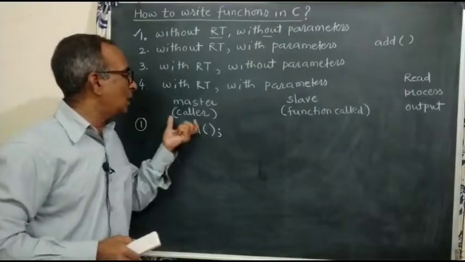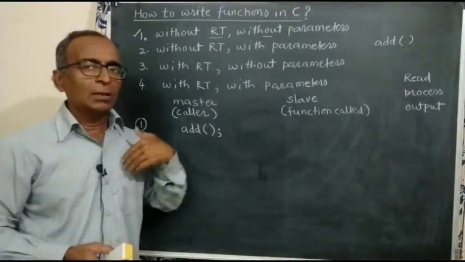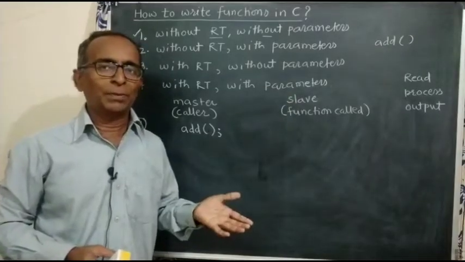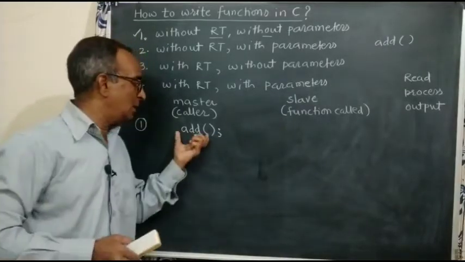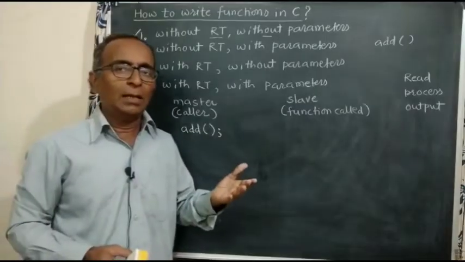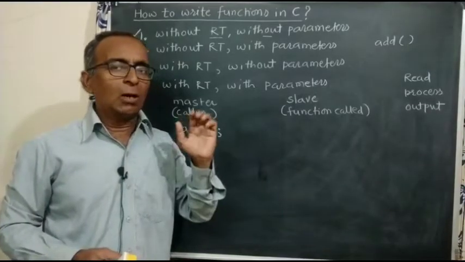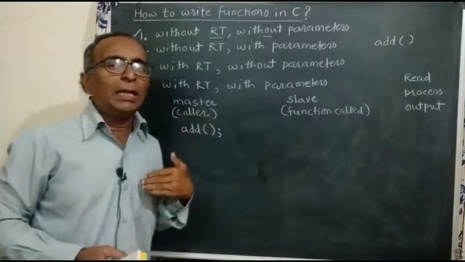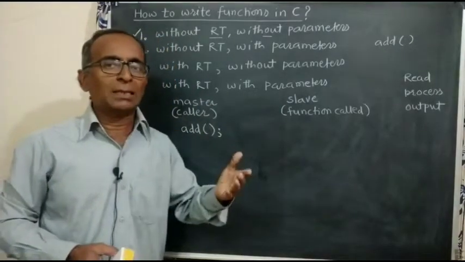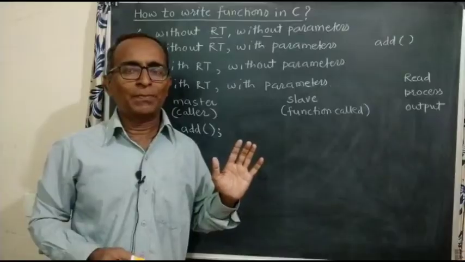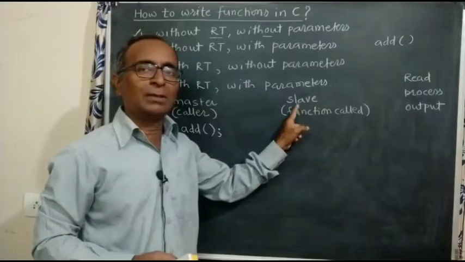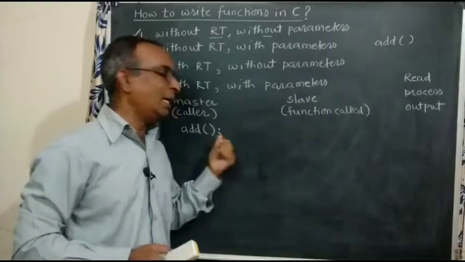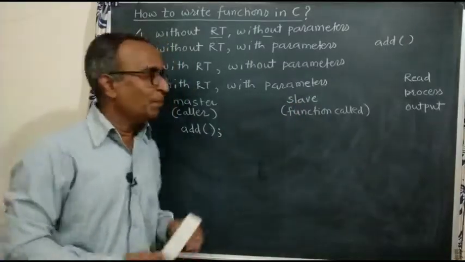Now, whenever master is saying to slave, add two numbers, this means he is not sending anything and he is not expecting anything. He just says, add two numbers. Now, what should the slave do?